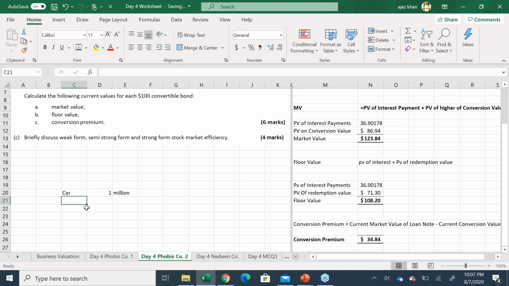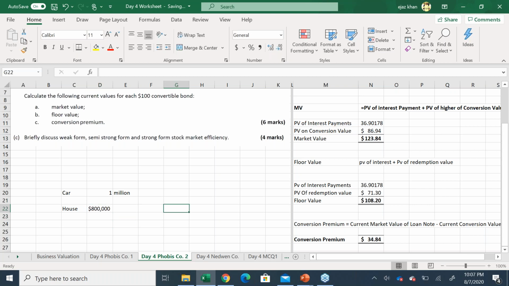And the person has guaranteed you that he will give you, let's say, a house which has a current value of $800,000, and he will give you this house after 5 years, and the value of the house will grow every year, right?